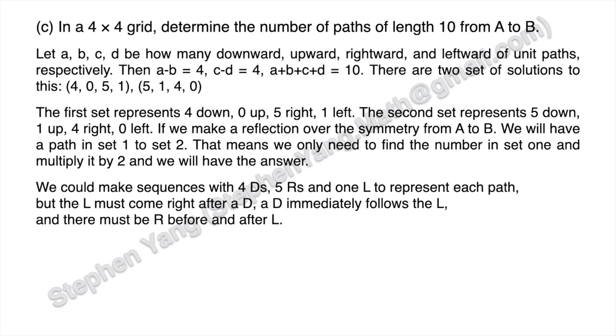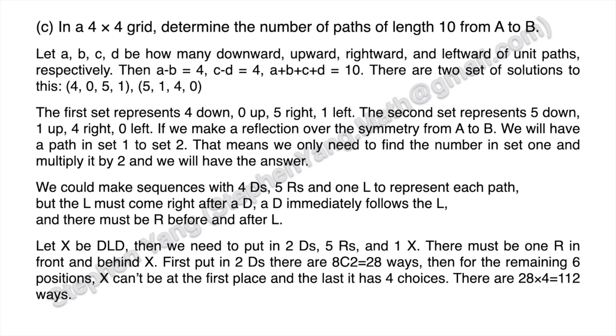So a D must immediately follow the L. And if there is no R in front of the L, then you'll go off the grid. And if there is no R after the L, that means all 5 R's are before the L, which means you'll also go off the grid. So our sequence must satisfy all these 4 conditions.